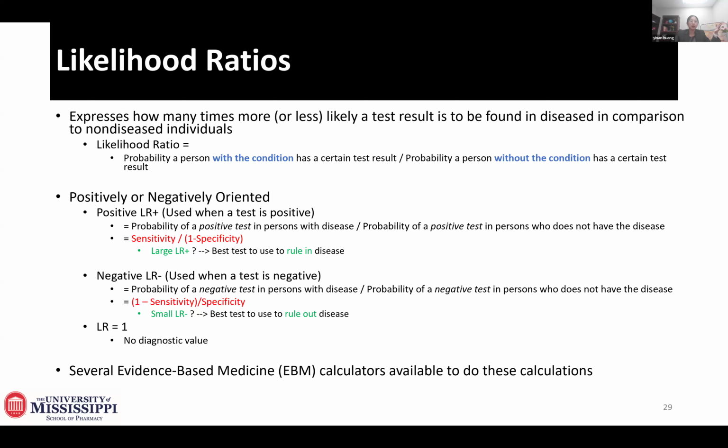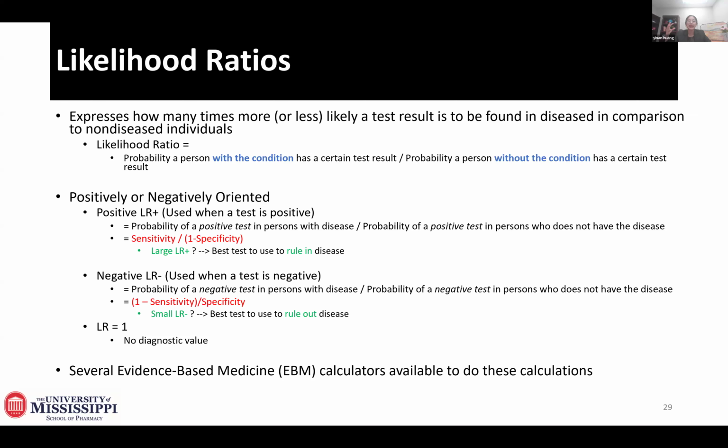It can be the positive likelihood ratio or the negative likelihood ratio. The positive likelihood ratio is the probability of a positive test result among persons with the disease, divided by the probability of a positive result in persons who do not have the disease.